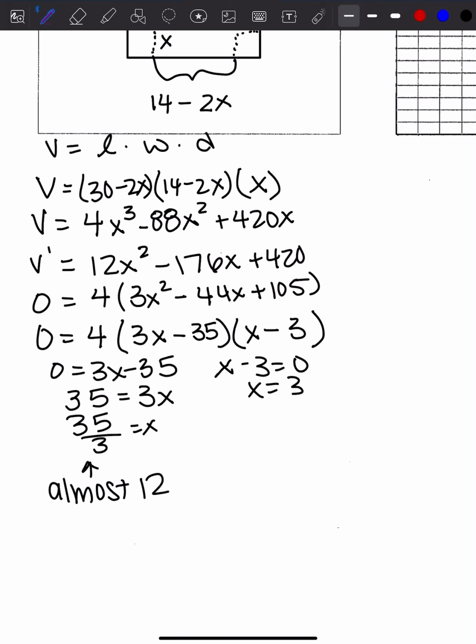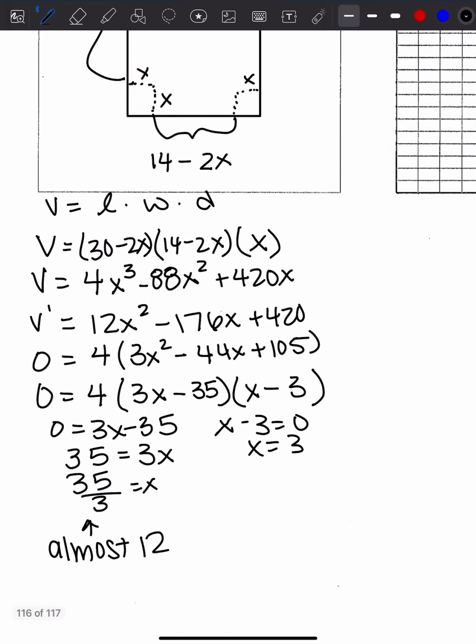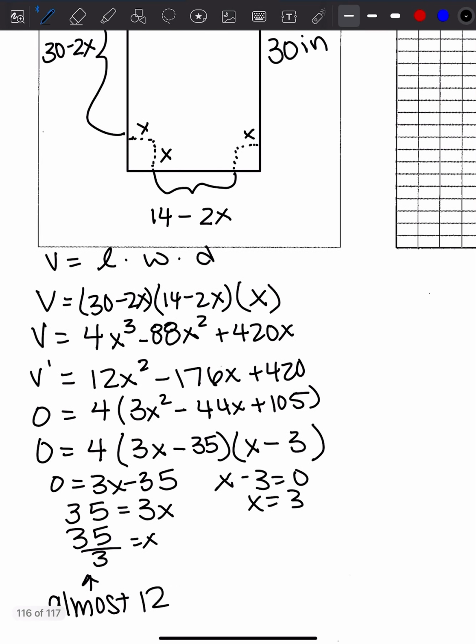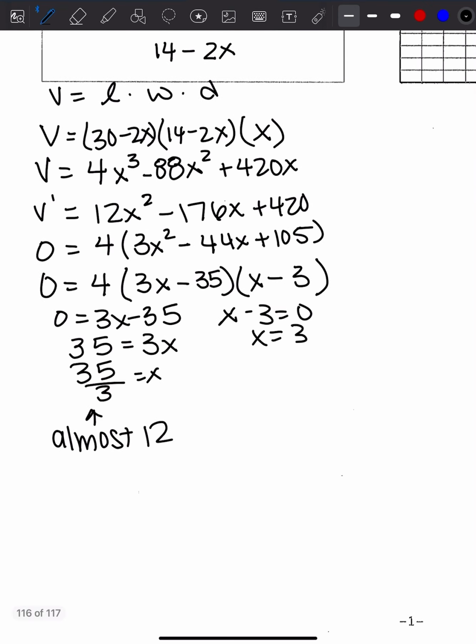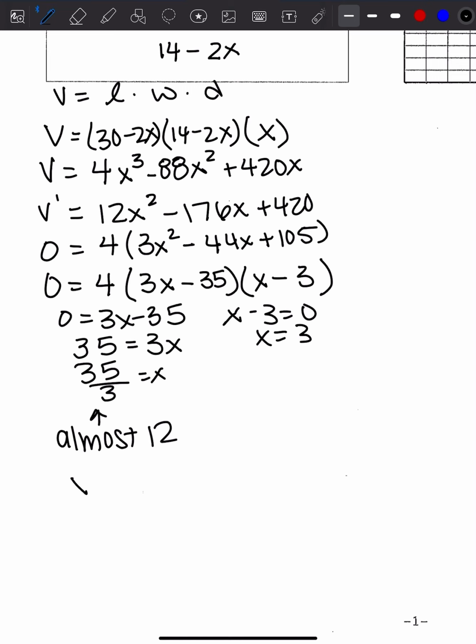The biggest amount that I could possibly take out is really close to 7, but not quite 7. And really close to 0, but not quite 0. This tells me that 3 is probably going to be our value that we look at, but just for consistency, we're going to look at our endpoints. So the least that I could take out would be 0.